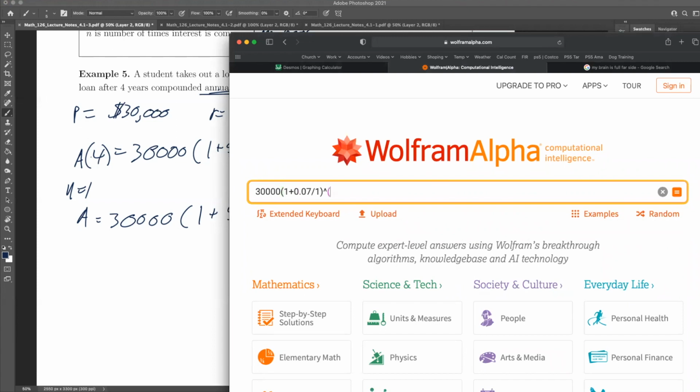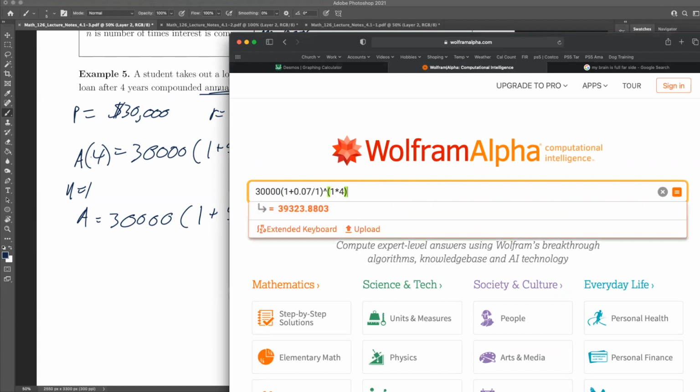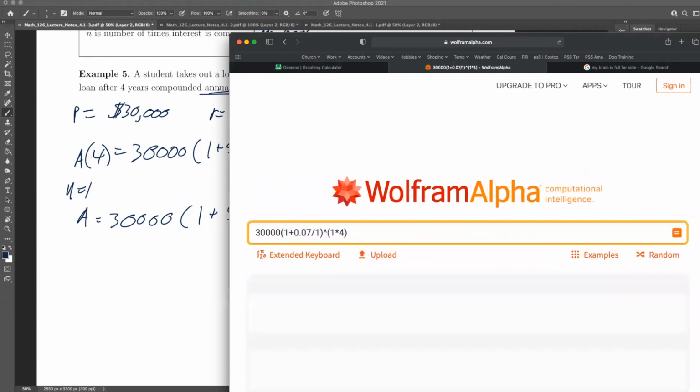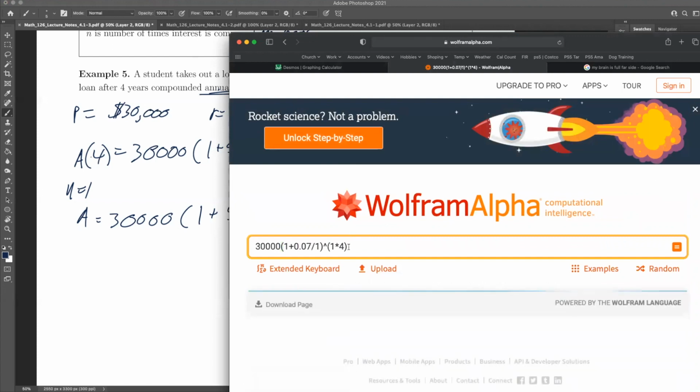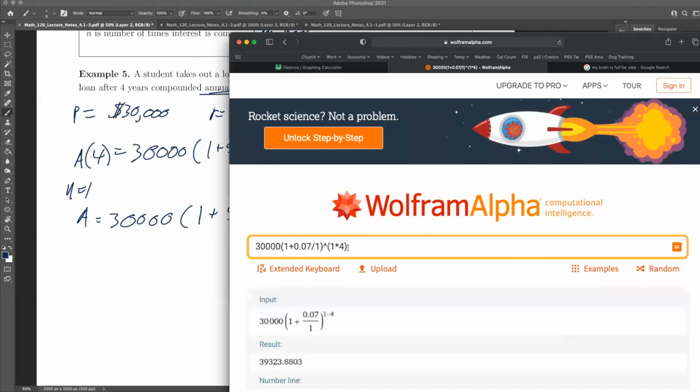Then a caret, and then parentheses so it carries everything that you want in there. There we go. So after 4 years, you're going to owe more than 25% more. You owe that much. It's just a lot of money, right?